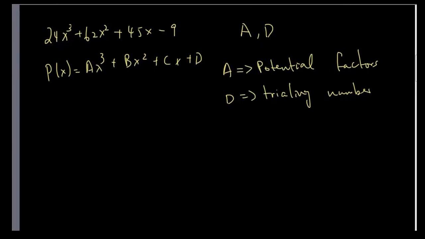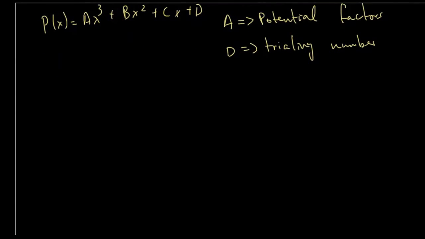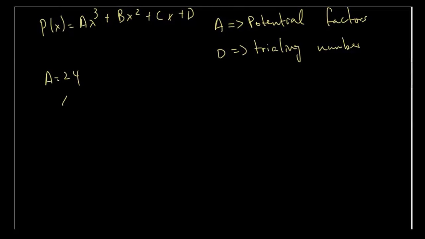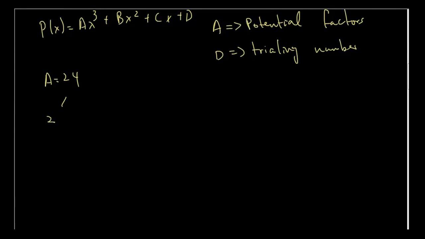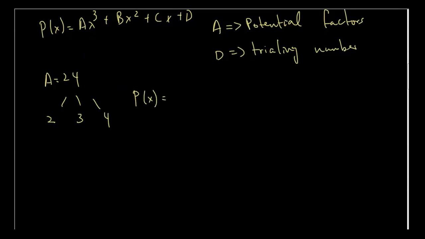Now, in this case, we have a equal to 24. 24 is made up of 2, 3, and 4. So the potential factors, when we factorize this, come as follows. p(x) is either equal to (24x plus k1), then (x plus k2), and then (x plus k3).